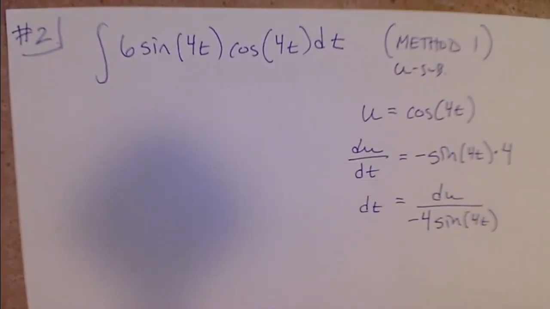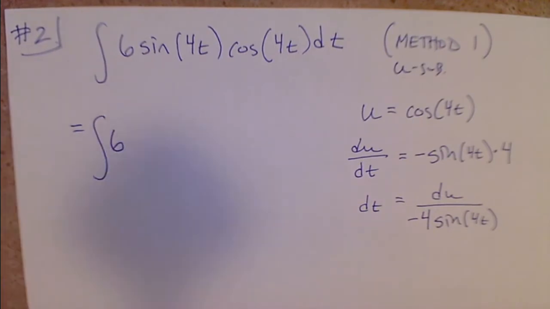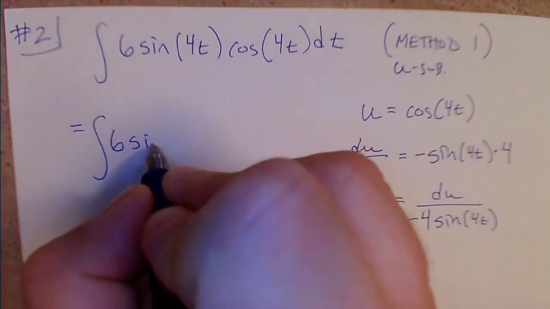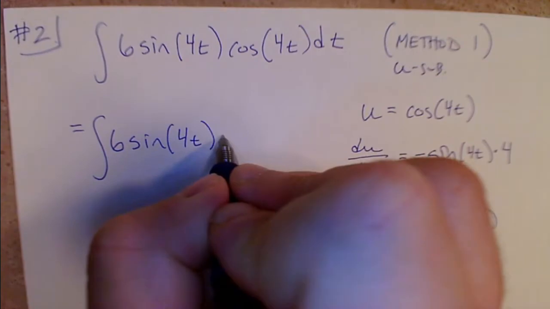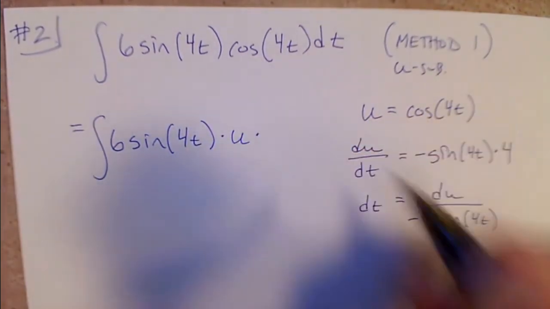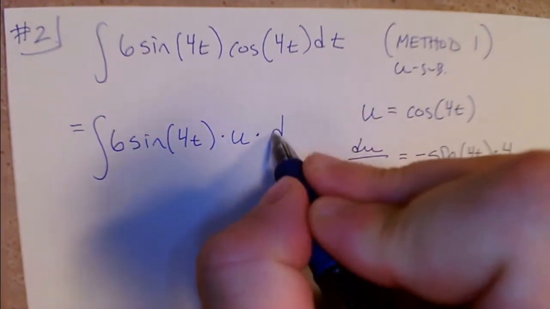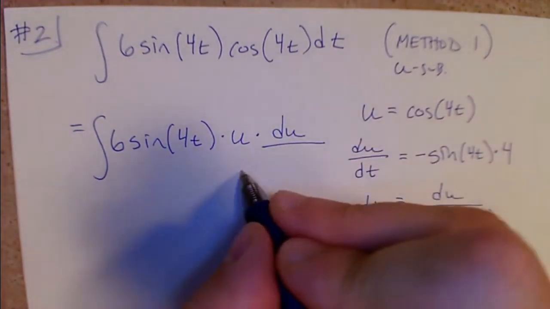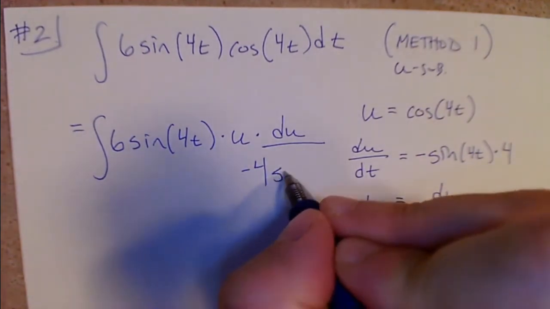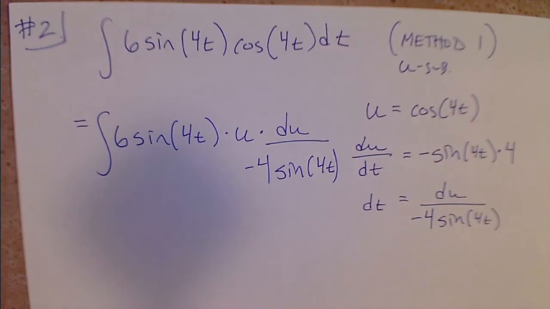All right, so what do I get? This becomes the integral of 6 sine of 4t times, calling this thing u right here, so u times dt, which I've solved for with my substitution right here, to be du over negative 4 sine of 4t, like so.